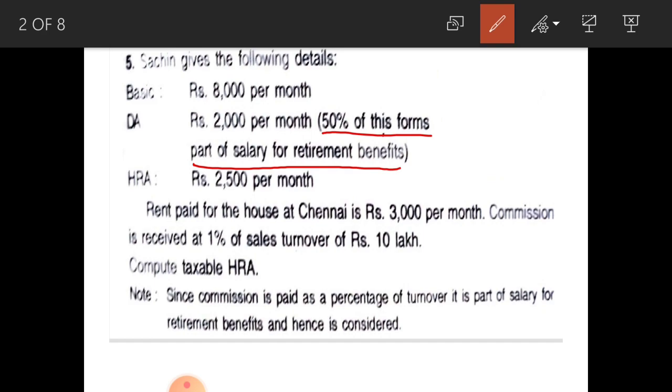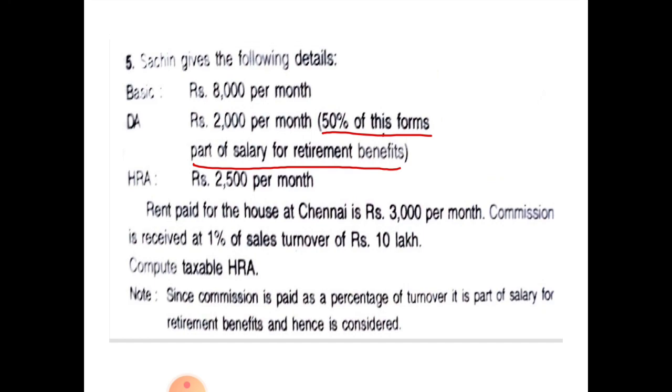Next see commission is received at 1% of sales turnover of 10 lakhs. So here your salary will be basic plus 50% of DA and commission on turnover. Let us solve this problem.